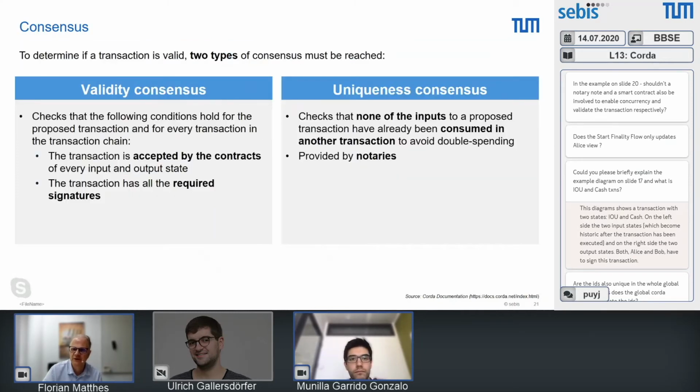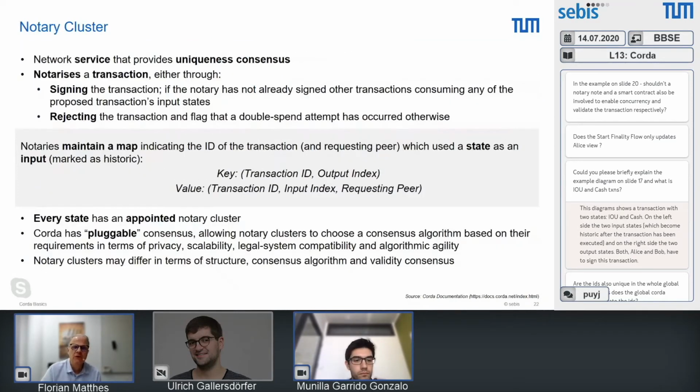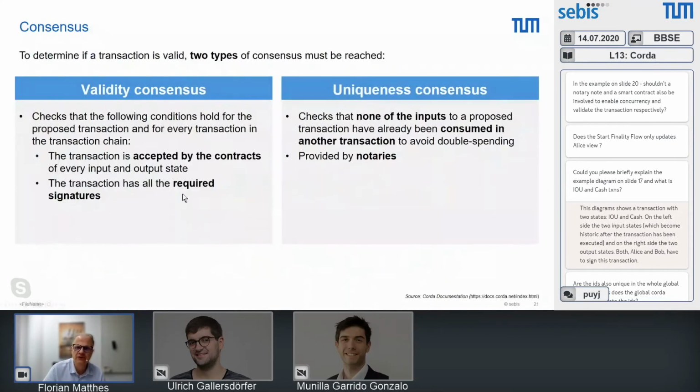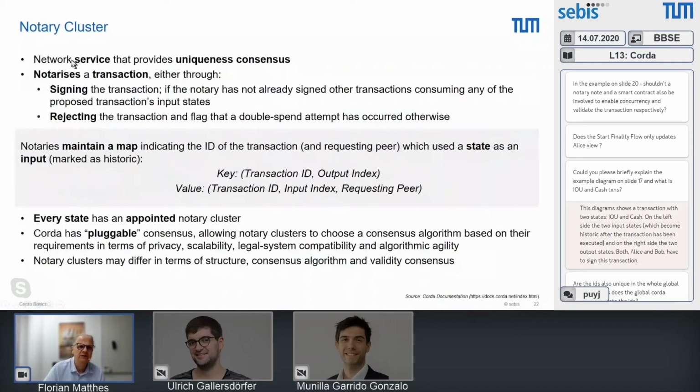Okay, fine. Now we can come to the notary cluster. And as I said, the notary is responsible for this uniqueness consensus. So there are three terms now. Initially, we talked about the notary.